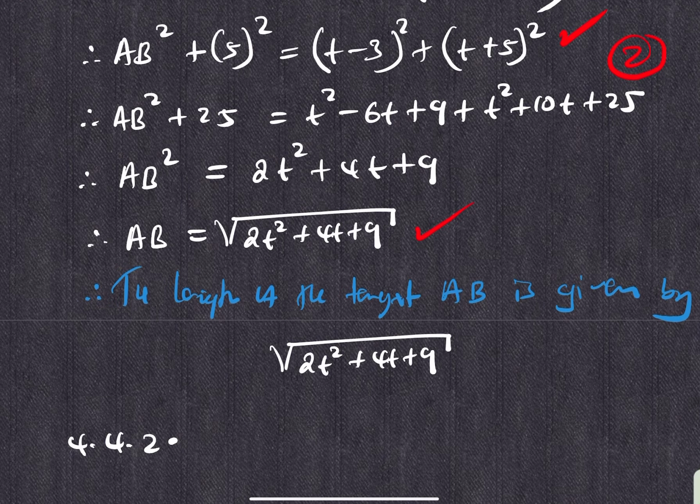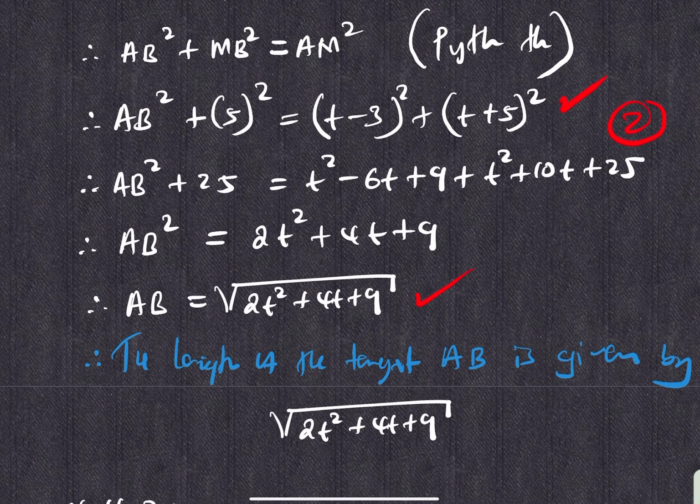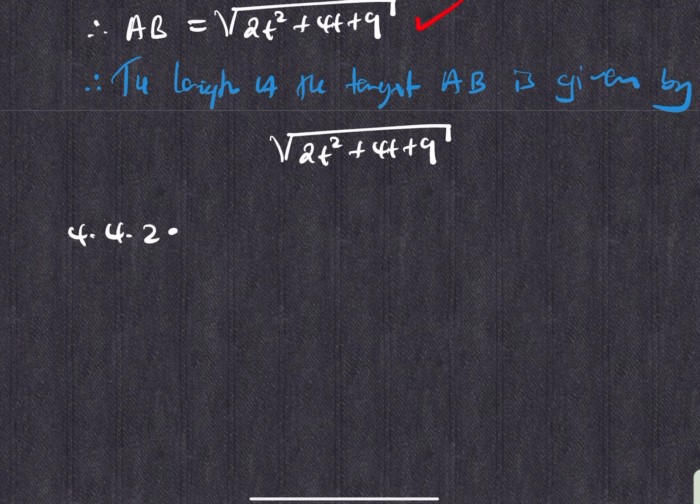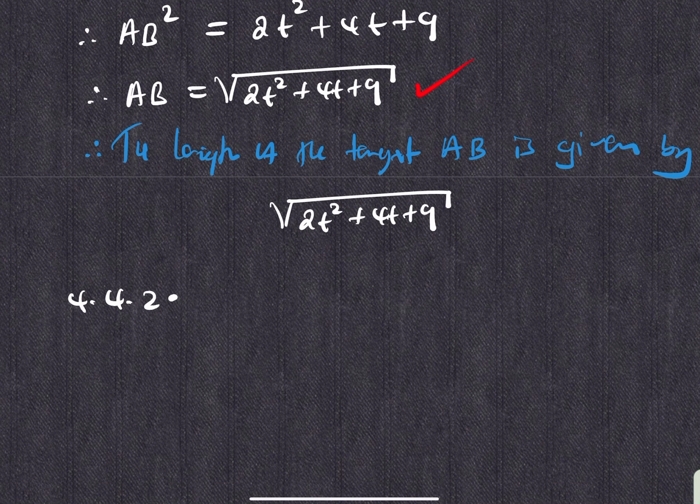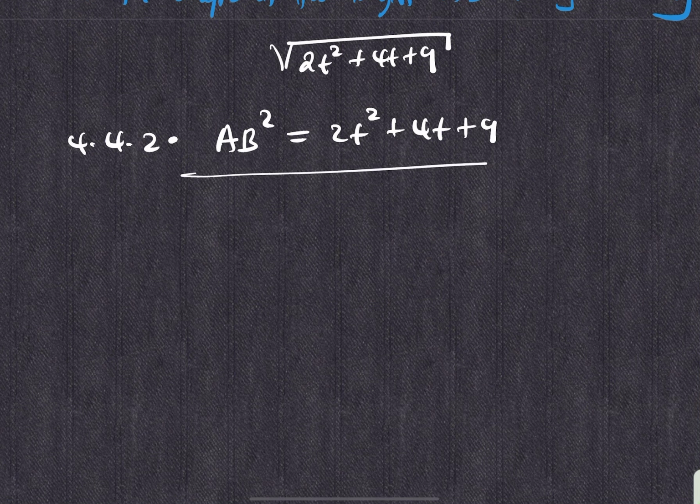We want to get the minimum length of this one. How do you then get the minimum length of that? We agreed that AB squared is equal to 2t squared plus 4t plus 9. This is a function of t.